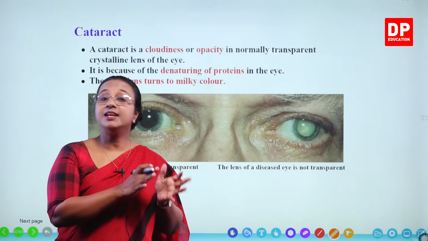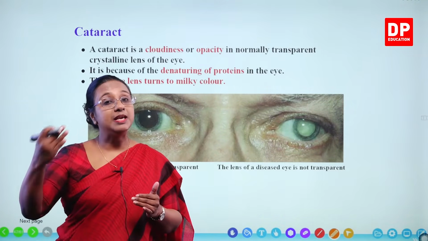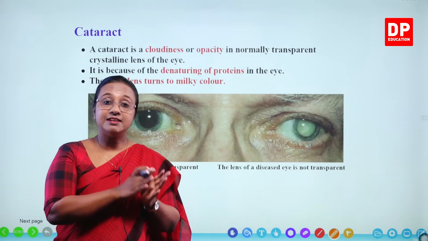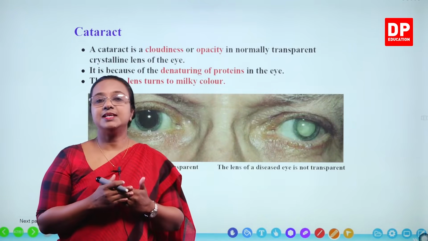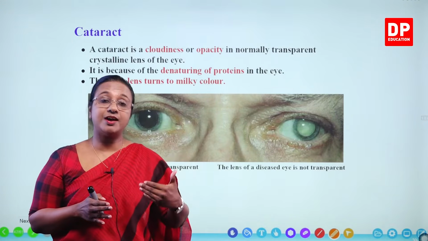So, the transparent egg white present in the egg, when fried, becomes a whitish colored substance. That is, the transparency becomes opaque. The same thing happens inside our eyes. The lens of our eyes is usually transparent.